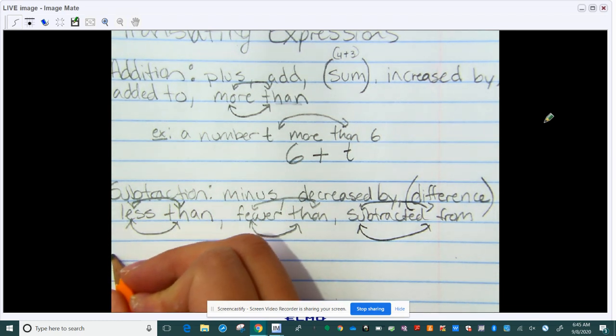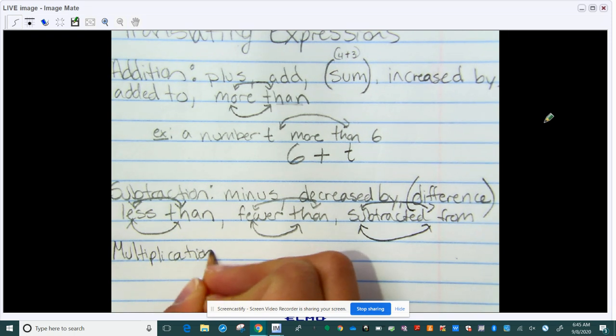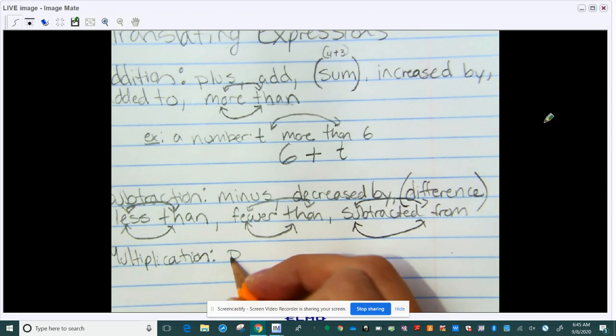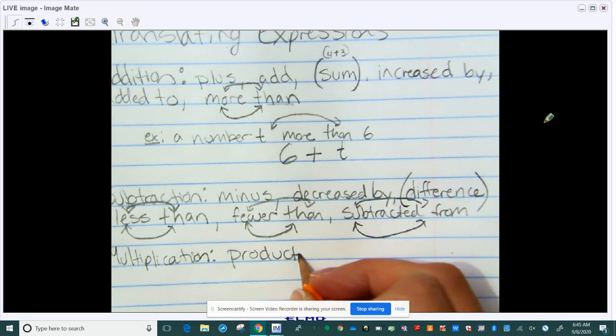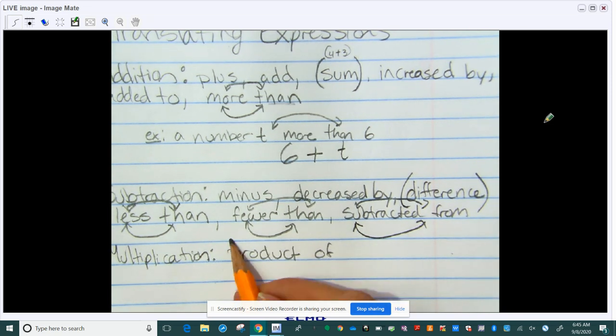So we're going to do multiplication next. So multiplication, well, let's start with our weird one with parentheses. We have product of. So when we talk about product, that's the answer to a multiplication problem.